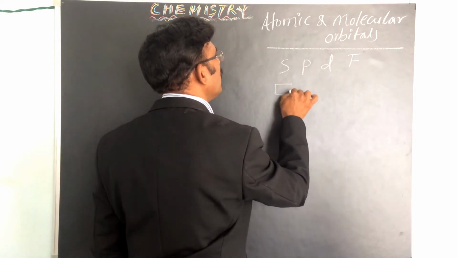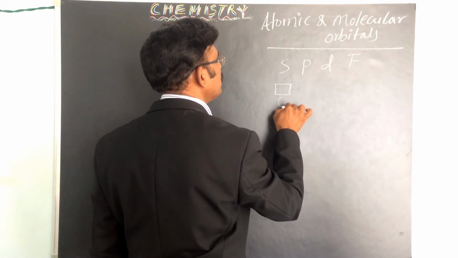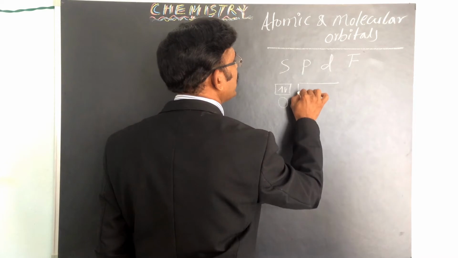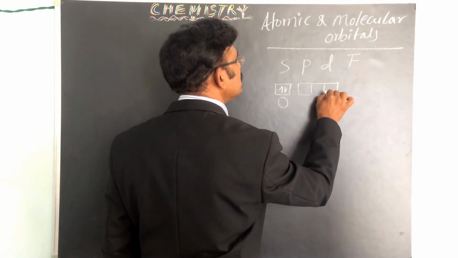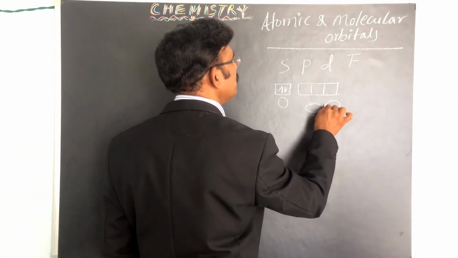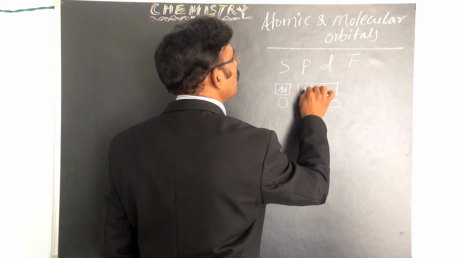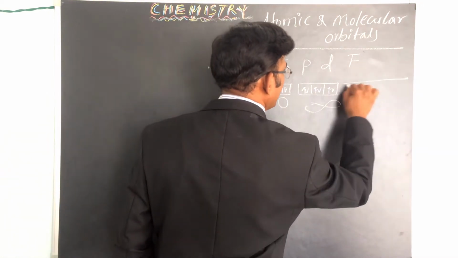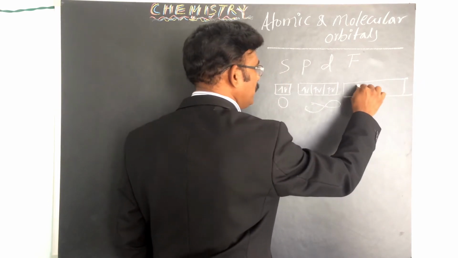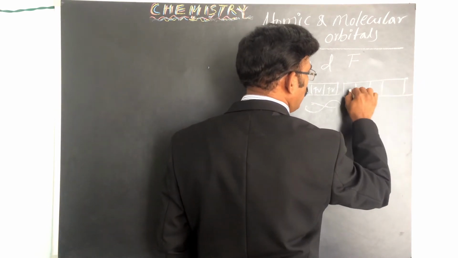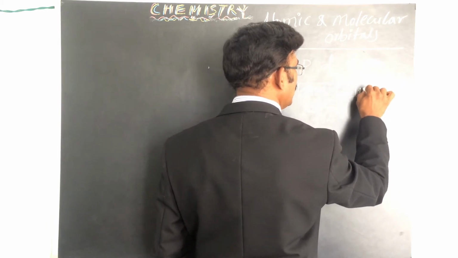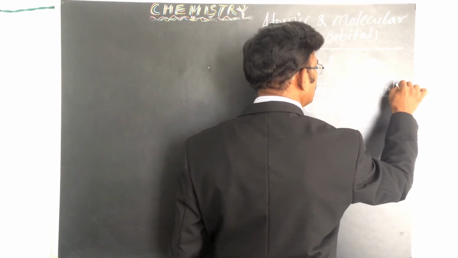S orbital: spherical shape containing 2 electrons. P: 3 orbitals, dumbbell shape, 6 electrons. And D: double dumbbell shape containing 5 orbitals, totally 10 electrons.